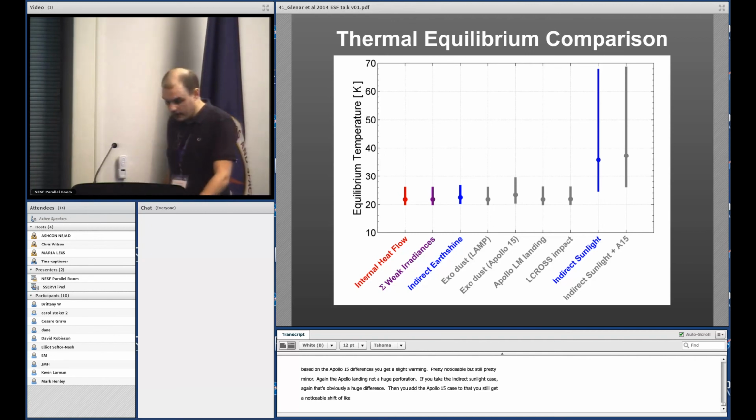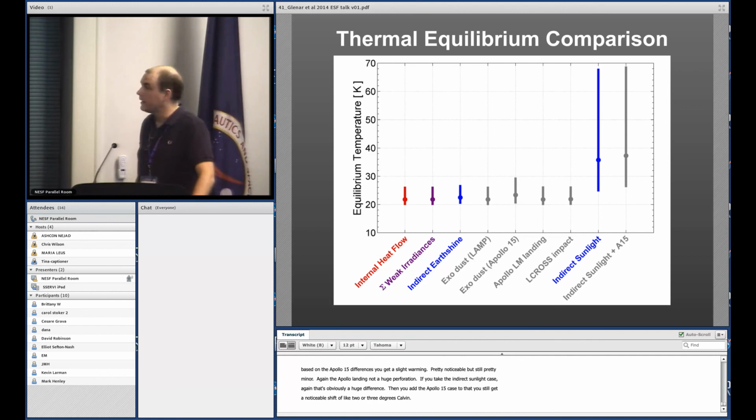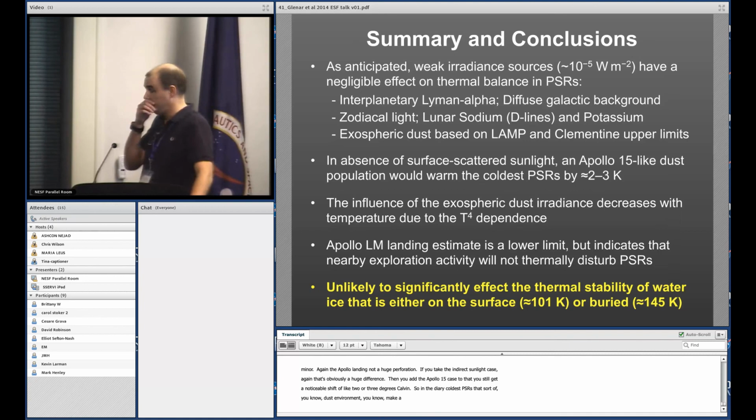But then if you take the indirect sunlight case, that obviously makes a huge difference. If you add the Apollo 15 case to that, you still get a noticeable shift of like 2 or 3 Kelvin. So in the very coldest PSRs, that sort of dust environment could make a small perturbation, but nothing huge.